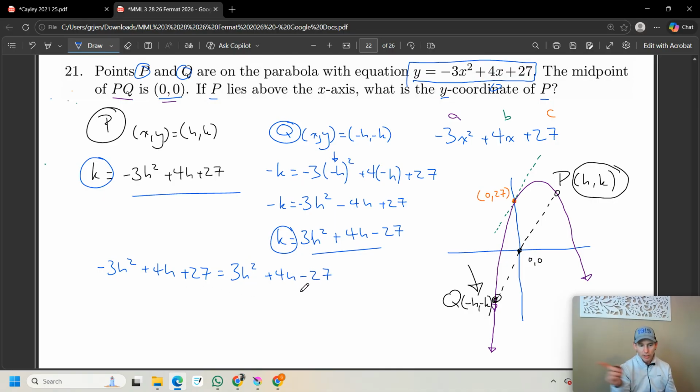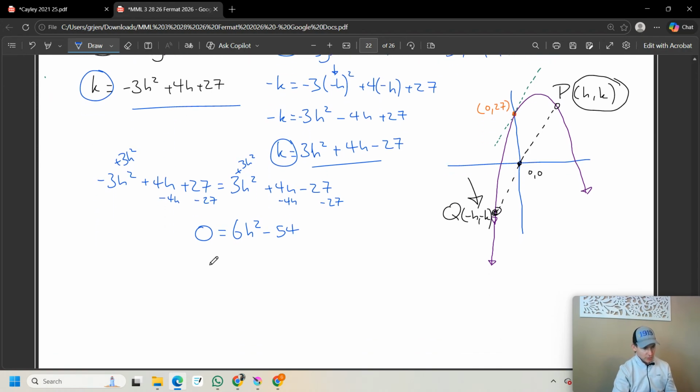Kick everything to one side and set your parabola equal to 0. So we have 0 is equal to 6h squared because we add 3h squared to both sides. And then we're going to subtract 4h from both sides. So that's 0. And then we subtract 27 from both sides. So that gives you minus 54.